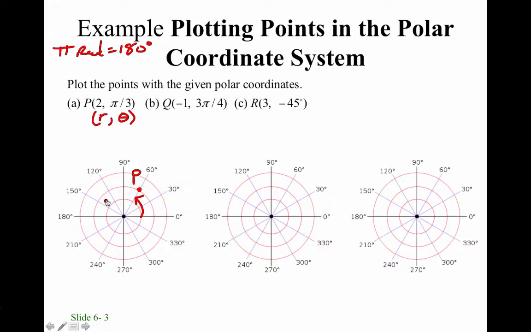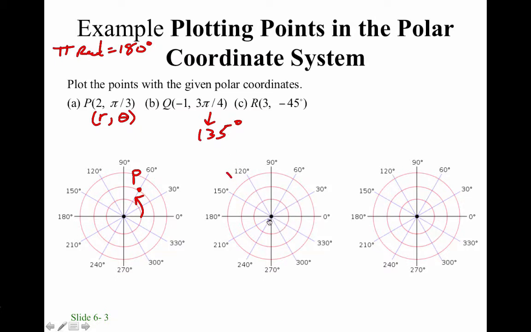Next one. I have an r of negative 1, and this is 3 pi over 4, I think that's 135. So I'm going to turn to 135, which is going to be right about here.